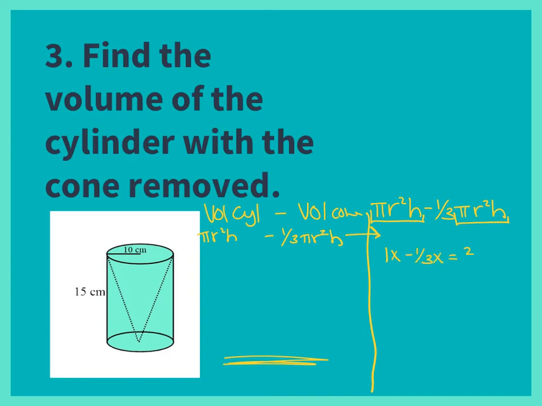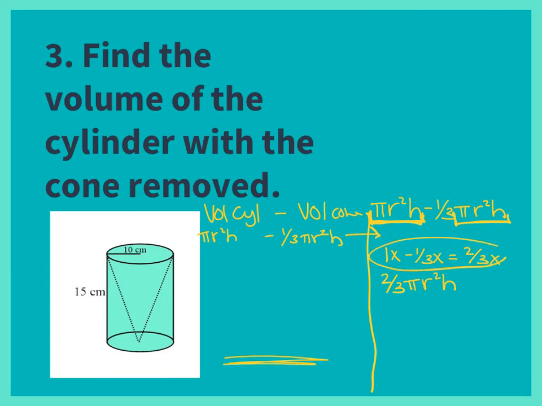Well, gee, that has to be 2/3 x. The only difference is, instead of x, I'm using pi r squared h. So instead of doing an entire cylinder, solving for that volume, finding the entire volume of the cone, and subtracting them, I could also say, well, really I'm only keeping 2/3 of my cylinder because I'm taking 1/3 of it away.